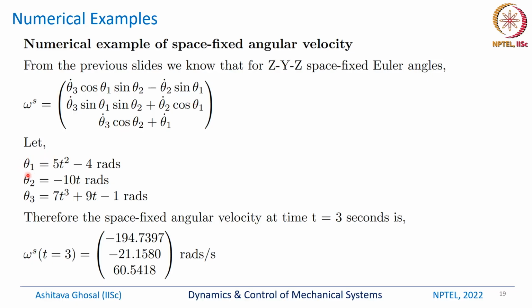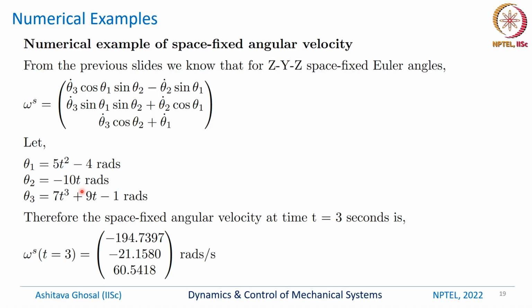And if I choose theta 1 as 5t square minus 4, again chosen arbitrarily, theta 2 as minus 10t, any function of time, you have to substitute all these things back here to find out the angular velocity vector.